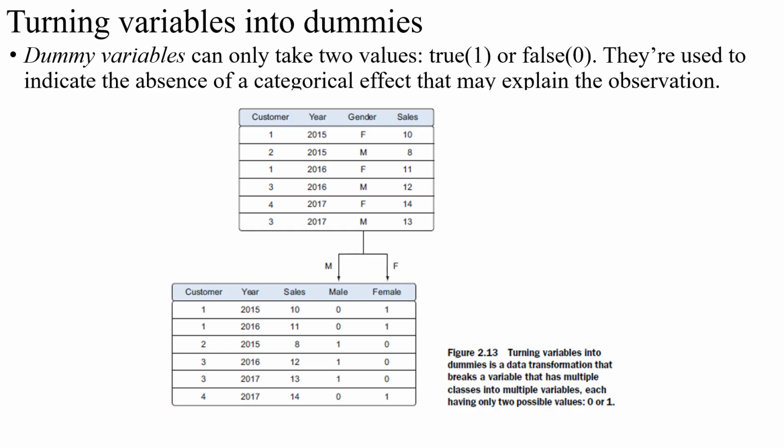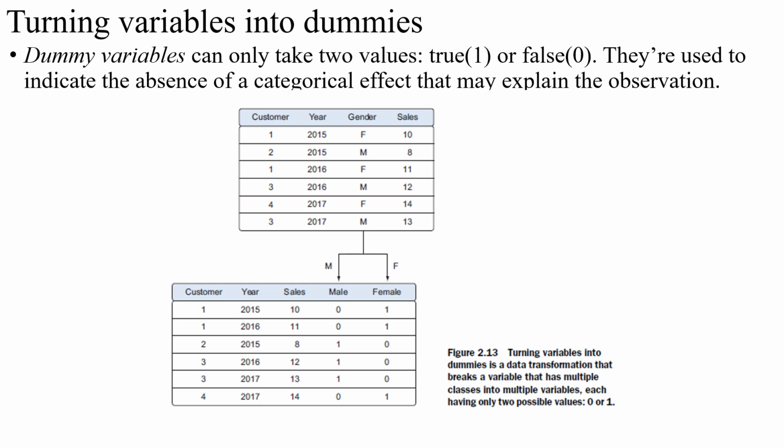For example, take the first data, 2015, where sales is 10. That sale was made only by female but not by male, so you have to put zero for male. You are transforming the data into dummies, so we can fix that if it is 10 or more than 10, it is treated as 1, and if it is less than 10, it is treated as 0. Then we'll see the next one.